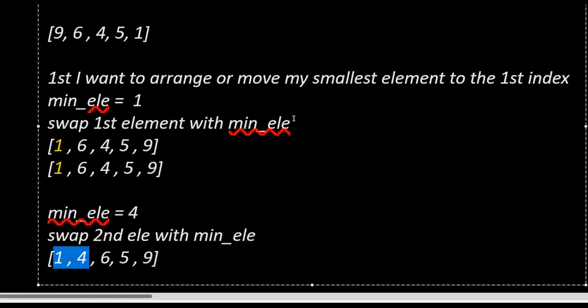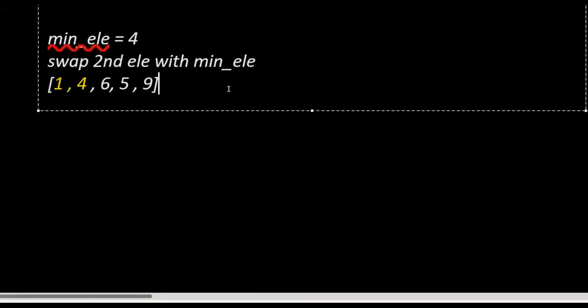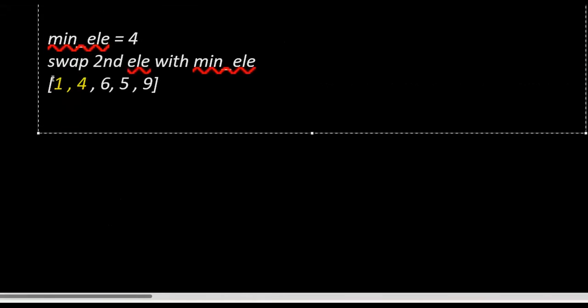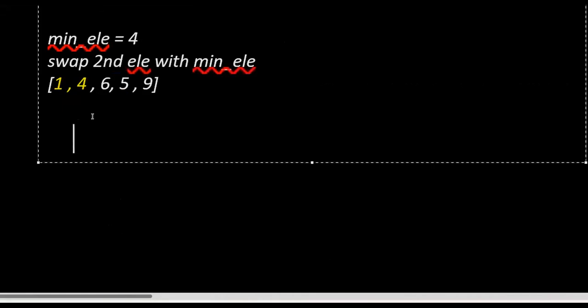Now the first two elements got sorted, so I don't need to check or do it again. The remaining list that I need to sort is 6, 5, and 9. In this list, I again need to find the minimum element.